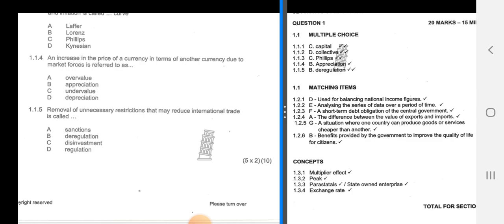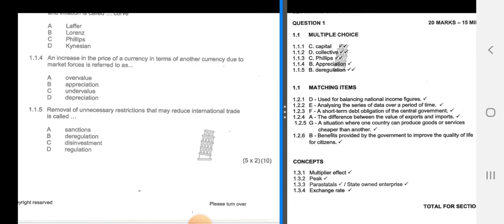Okay. Overvalue is when something is overpriced. Appreciation is when something is increasing in value. Undervalue is something that is underpriced. And then depreciation is a decrease in value.